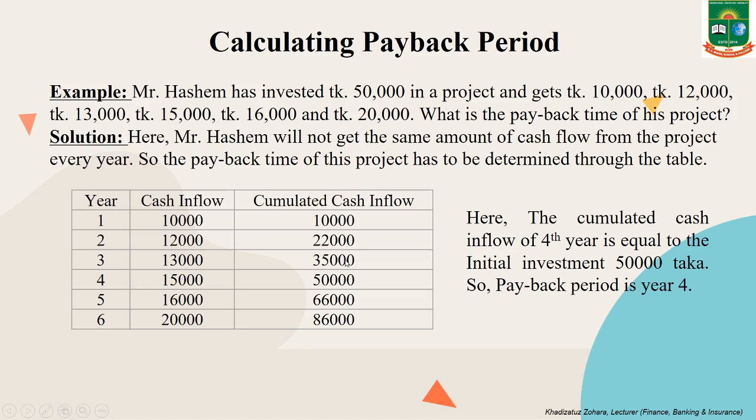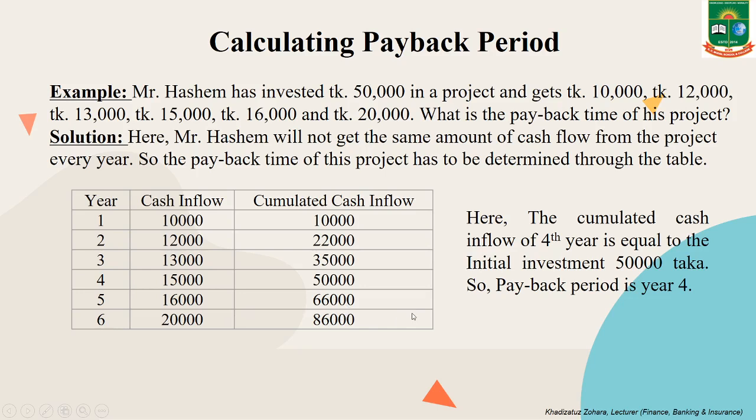And in third year this is 35,000. 22,000 plus 13,000 equal to 35,000, and in this way the fourth year 35,000 plus 15,000 equal to 50,000, and fifth year 50,000 plus 16,000 equal to 66,000, and in the last year 66,000 plus 20,000 equal to 86,000.